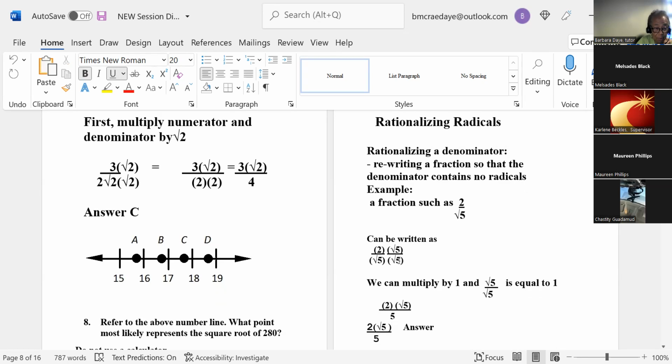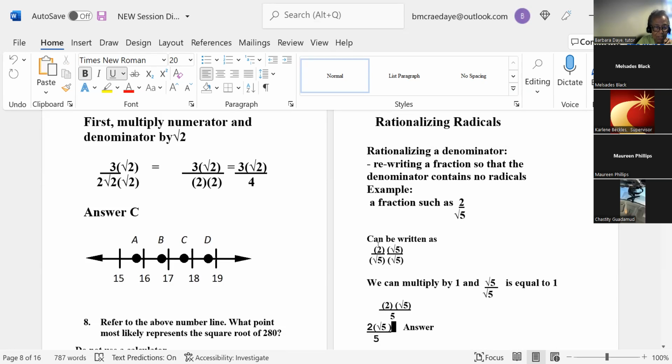Or another way to remember is just whenever you multiply a radical by a radical, you just get back the number itself. In other words, square root of 5 times square root of 5 just gives you the number 5. Got it?